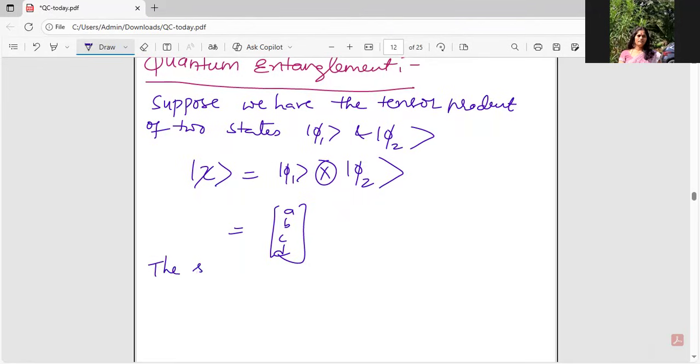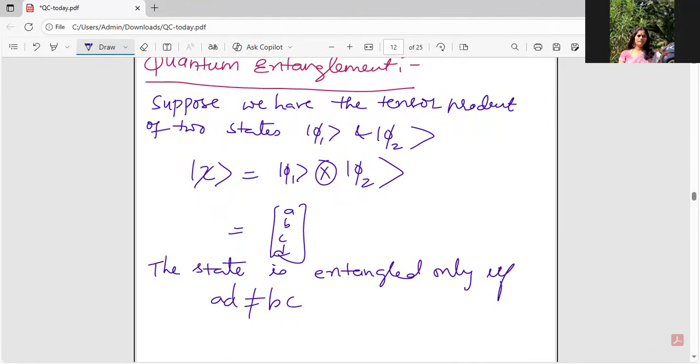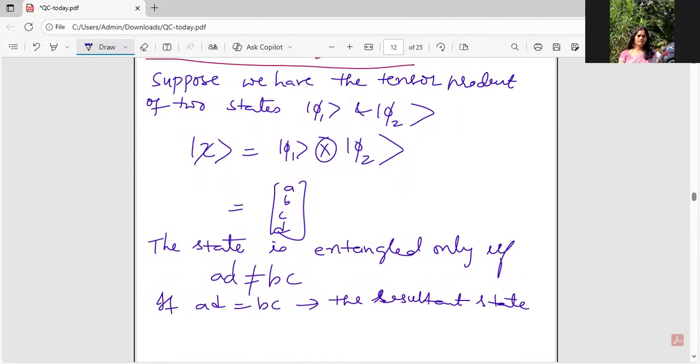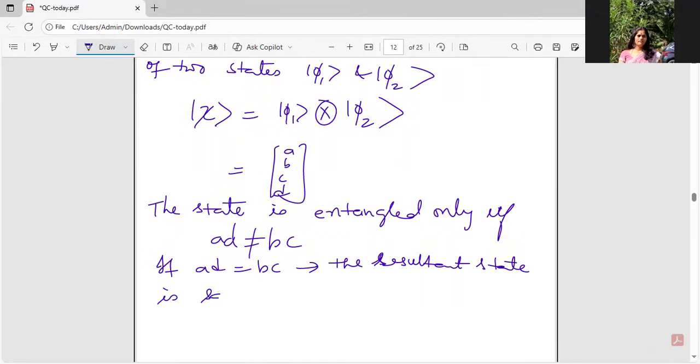The state is entangled. Listen properly. Entangled only if AD is not equal to BC. If AD is equal to BC, what will you say if you ask me? If AD is equal to BC, then the resultant state is said to be separable.